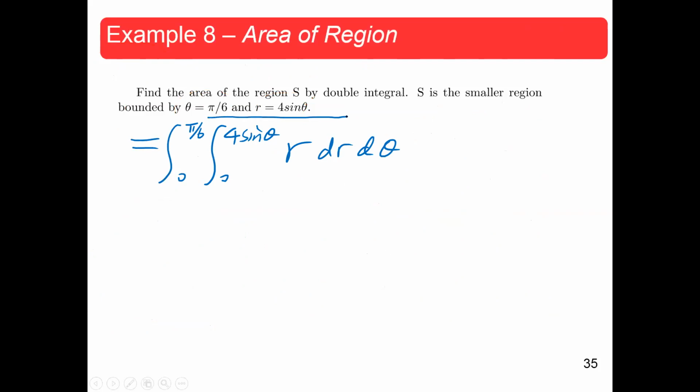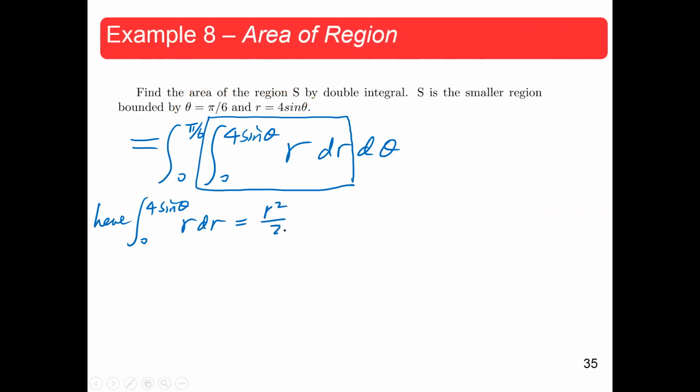Okay, so first of all, let's do this inner integration. Here we have 0 to 4 sine theta, r dr. Antiderivative is easy. It's just going to be r squared over 2. And r goes from 0 to 4 sine theta.